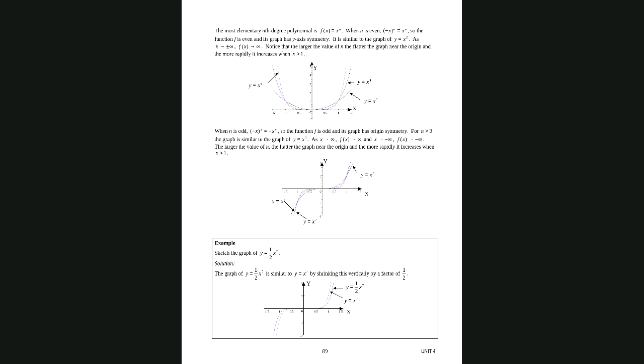But once we multiply by half, the graph begins to expand. If the number is greater than 1, the graph will begin to shrink. And let us also not forget that if the number is negative, it's also going to reflect on the x-axis. Any questions?